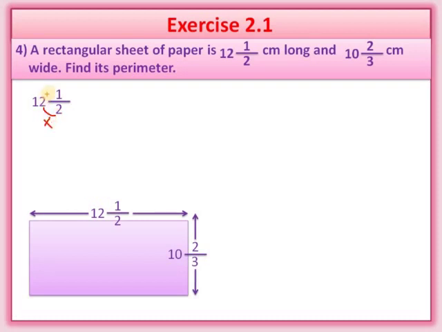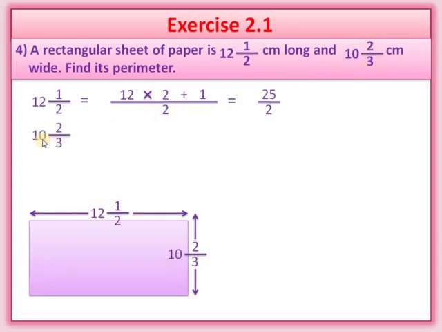So 12 times 2 is 24, and after multiplication of these two numbers, we will add this 1. So 12 times 2 is 24 plus 1 is equal to 25/2. In the same way, 10 integer 2/3, again we are going to convert.